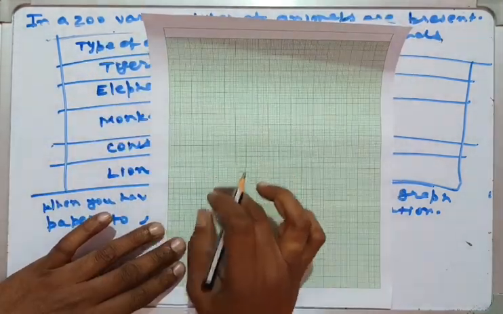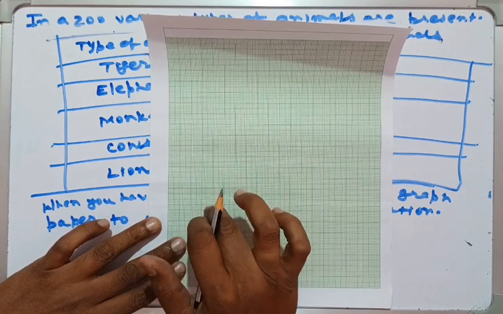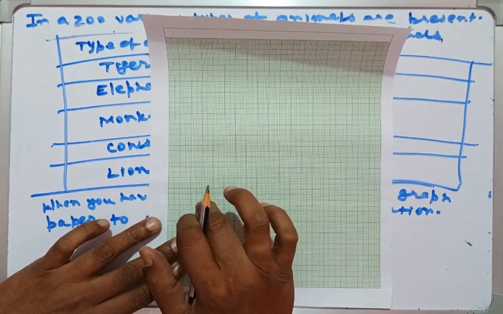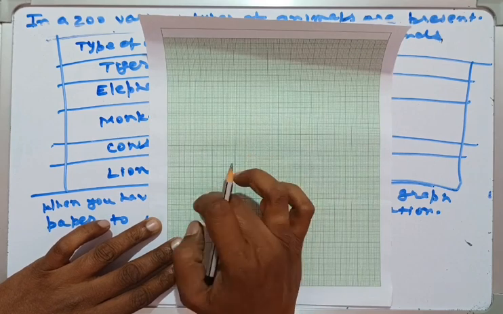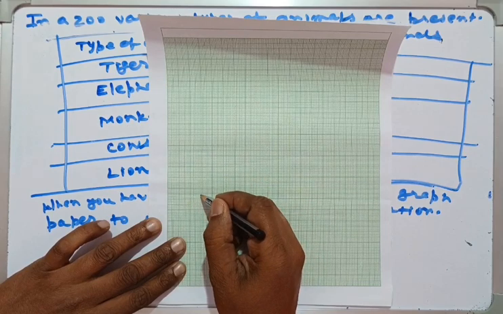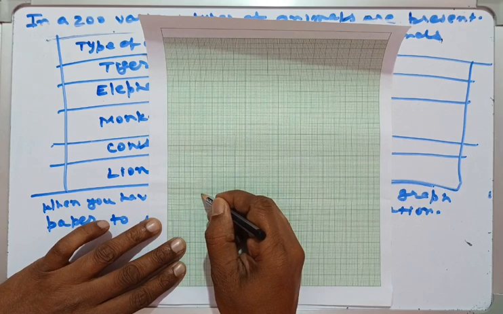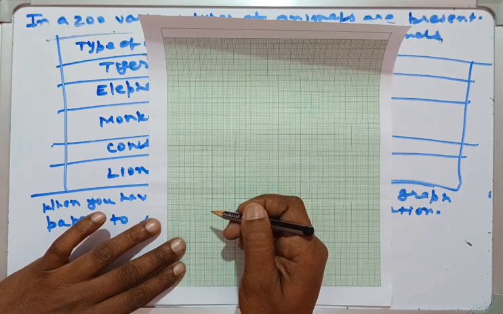On this graph paper there are deep lines, and the distance between one deep line and the next is 1 centimeter, and another faint line, from here to here, is 0.5 centimeter.